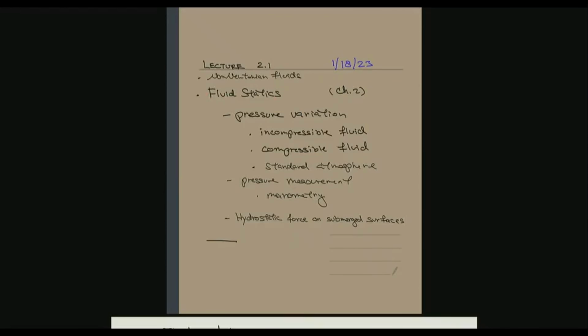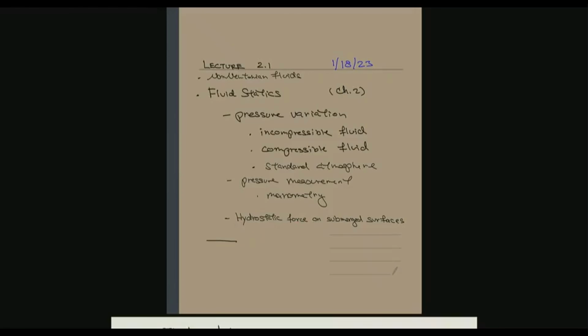And then once we have a pressure variation, if there is a surface or an object that is submerged in a fluid that has a pressure variation, one objective is to evaluate the force on the submerged surface.